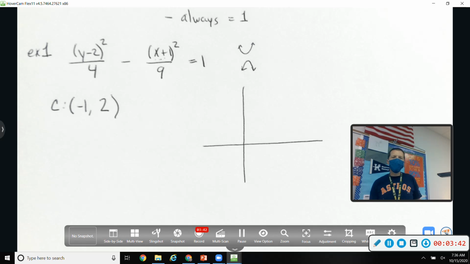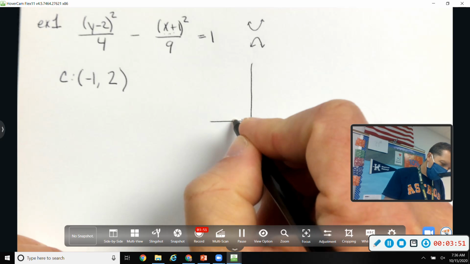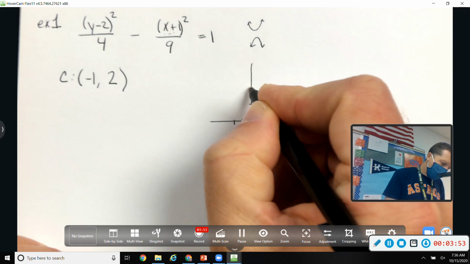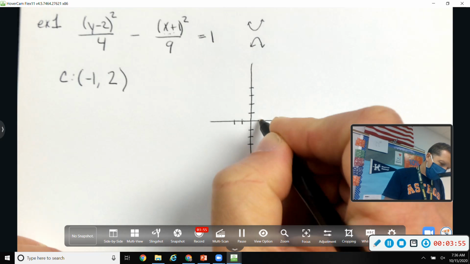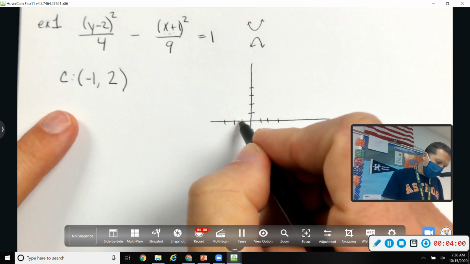Oh, and once again, for notes, you got to make a neat graph. For homework and test, the graph paper will be provided, so that'll make it a little easier. So my center's at (-1, 2).